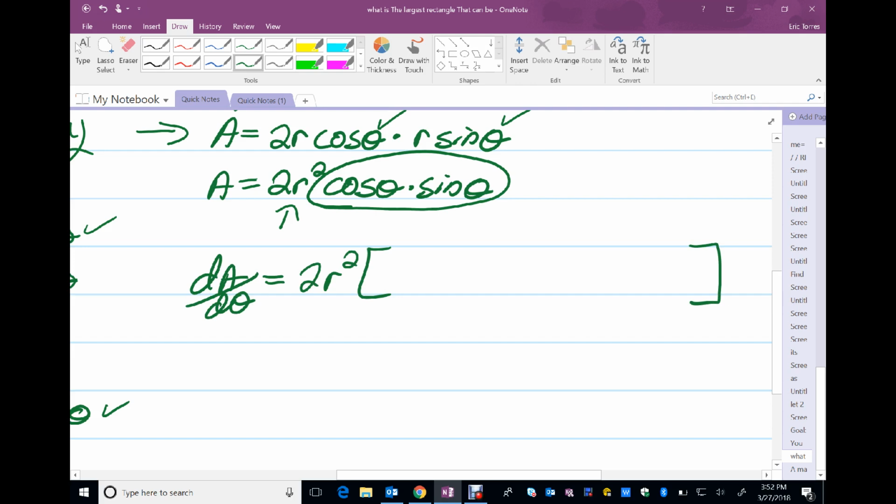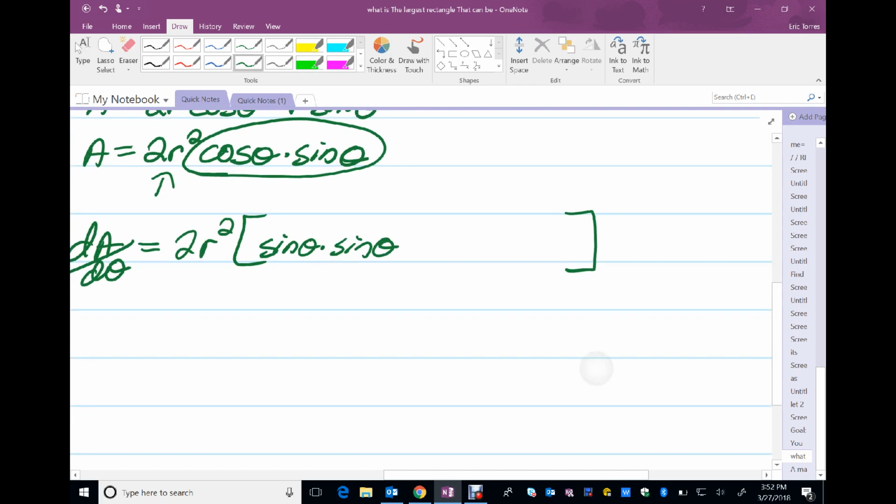The derivative of the first, cosine, is negative sine, so I get sine of theta times sine of theta plus cosine of theta times the derivative of sine of theta, and the derivative of sine of theta is cosine. So it ends up being negative sine squared of theta plus cosine squared of theta. I've got the derivative, set it equal to 0.